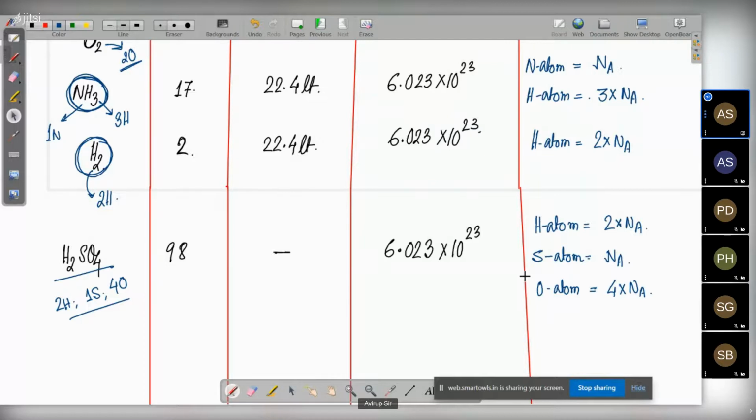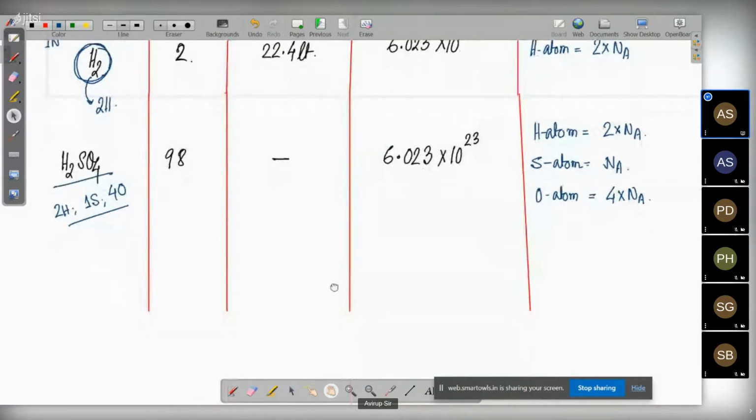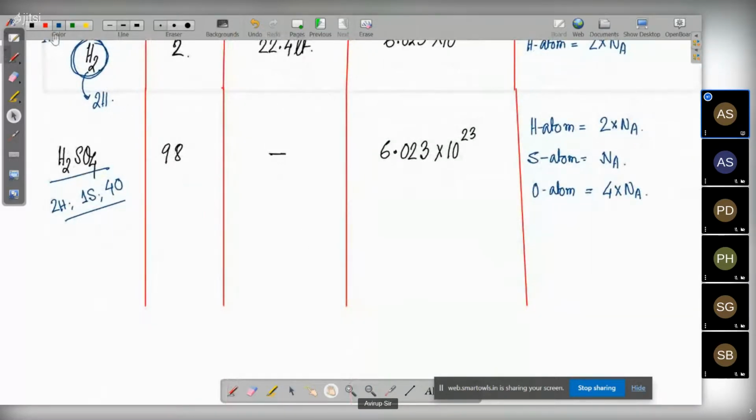Then suppose you take magnesium chloride, MgCl2. Magnesium is 24.